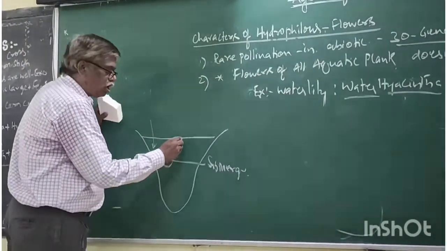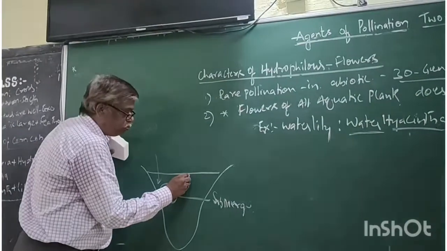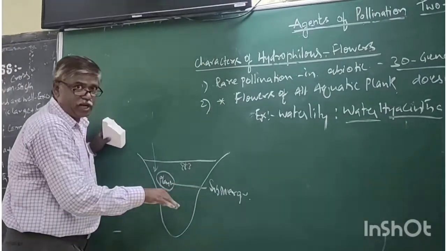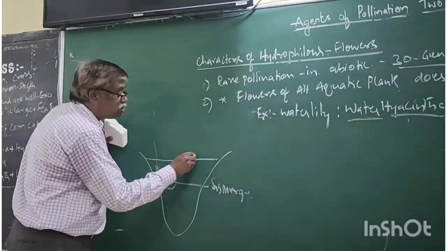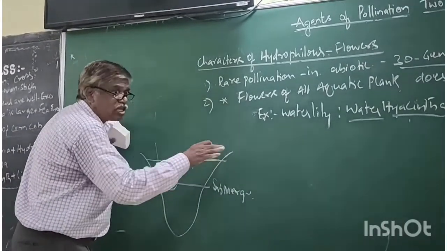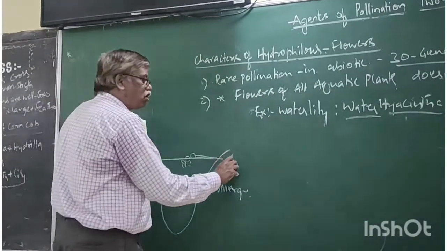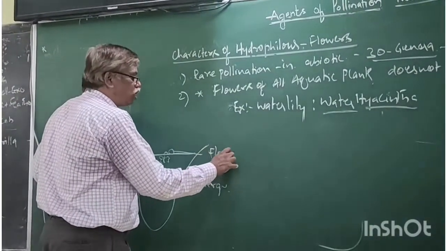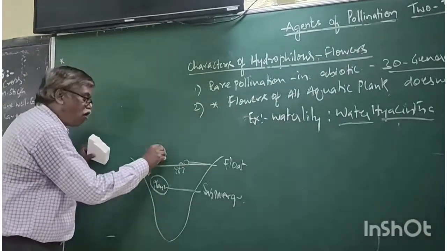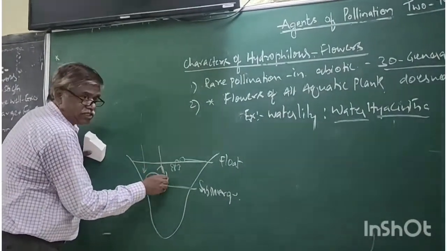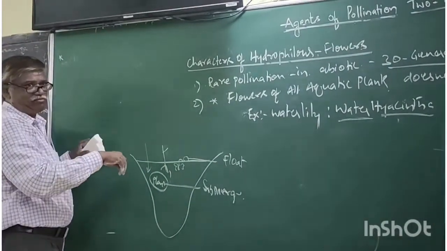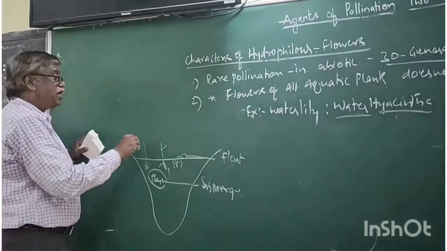The root, stem and leaf are inside the water, but flowers are floating on the surface. These are called floating plants. Another type, half of the plant is inside and the remaining is above the water, that is emergent.